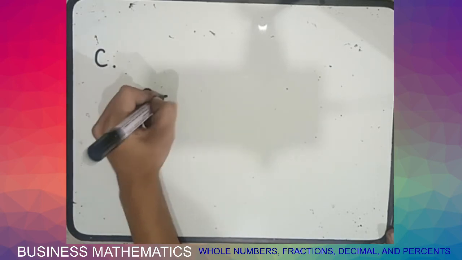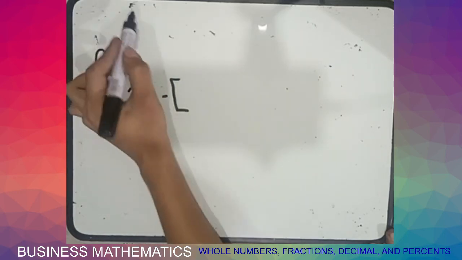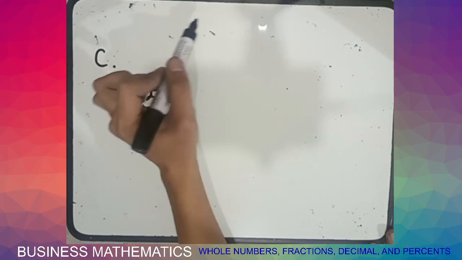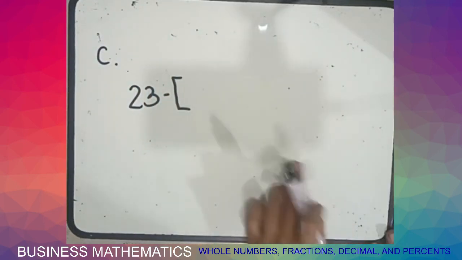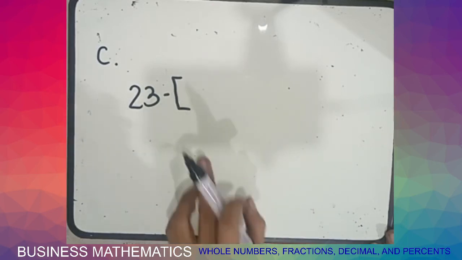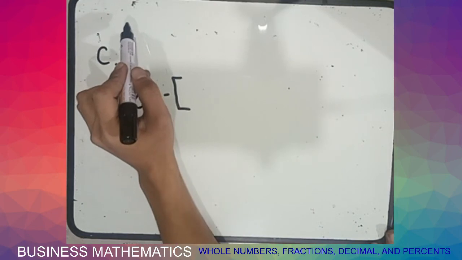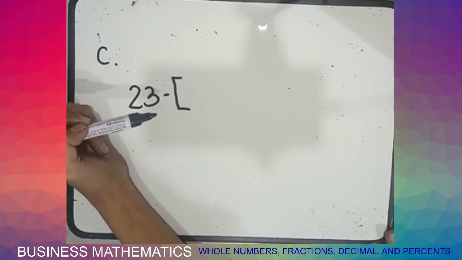23. Okay, gumamit na tayo ng brackets. Sa PEMDAS, parenthesis, exponent, multiplication, division, addition, subtraction, hindi nabanggit doon si brackets. Bakit? Since si brackets at parenthesis ay pinag-isa. Sa parenthesis, under na si brackets. Kasama na doon yung mga, ang tawag doon, grouping symbol.